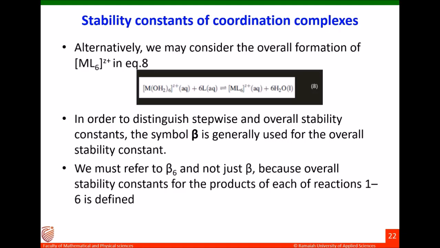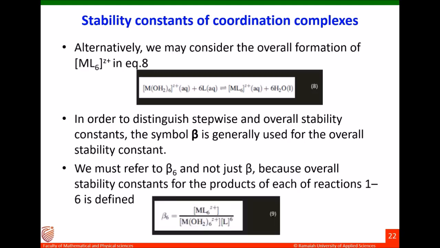Actually, we won't use just beta, we will use beta 6 because it is the sum of all the 6 reactions. We define beta 6 as the concentration of ML6^z+, that is the product of the reaction, divided by the concentration of [M(OH2)6]^z+ into the concentration of L raised to 6.